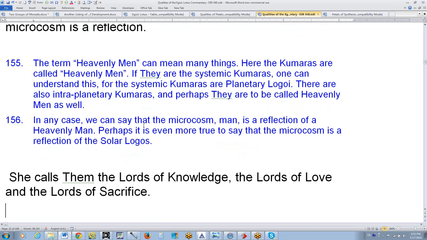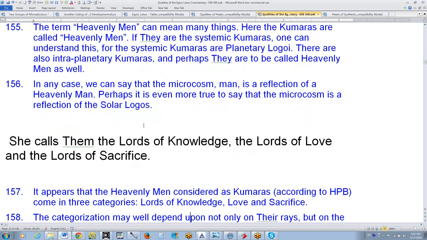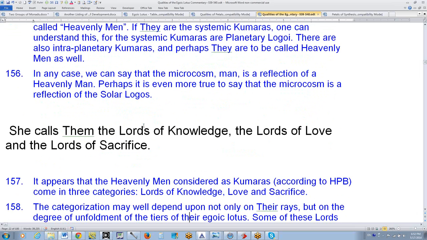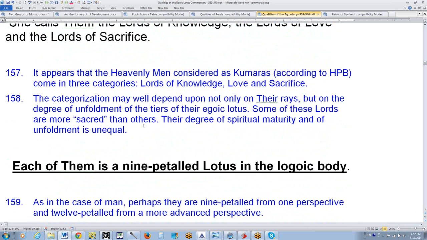So HPB calls them the lords of knowledge, lords of love, and lords of sacrifice. So it appears that the heavenly men considered as Kumaras, according to HPB, come in three categories, as stated. The categorization may well depend not only upon their rays, but on the degree of unfoldment of the tiers of their Egoic Lotus.